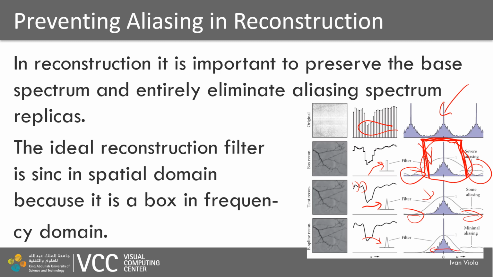It will be the narrowest one, although maybe theoretically it has infinite support, but it goes pretty quickly to zero after moving farther away from the u equals 0 value. And we can see perhaps here that the reconstruction quality is the best. If you want to see the reconstruction quality, I suggest that you look on the web and at the book and compare these images between each other.